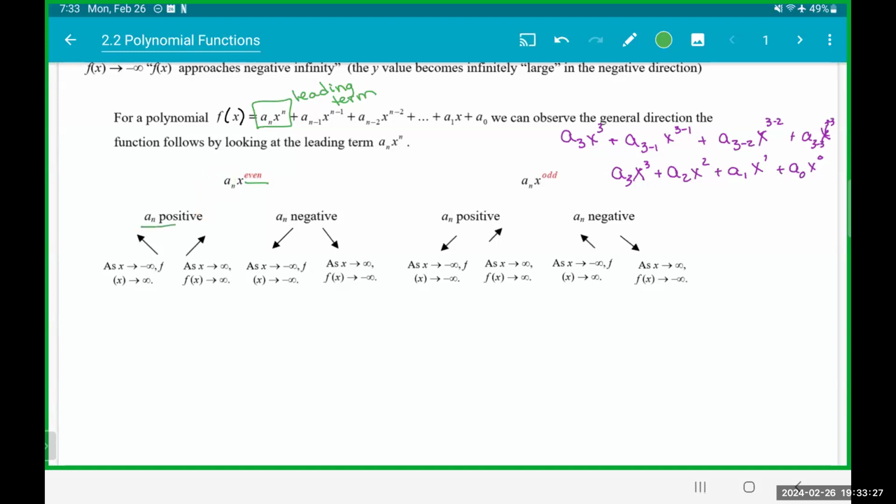If our constant is positive and the exponent is even, our graph is going to be up in both directions. It could look like a standard parabola, or something like this, whatever it may be. But the end behavior is what we're getting from it.